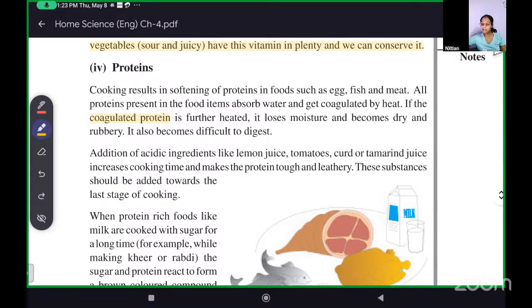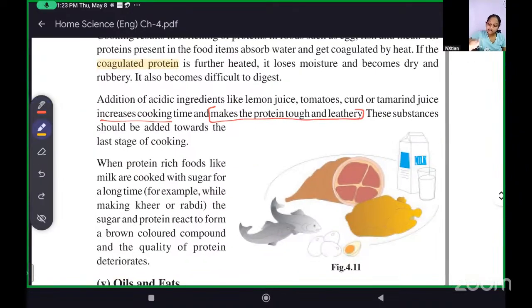When they are added in the food while we are preparing it, it increases the cooking time and makes the protein present in the food tough and leathery. So if we want to add these substances, we should add them in the last stage of cooking.